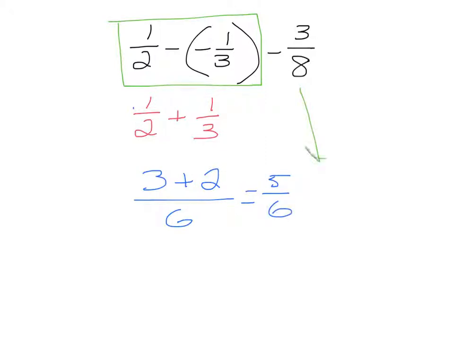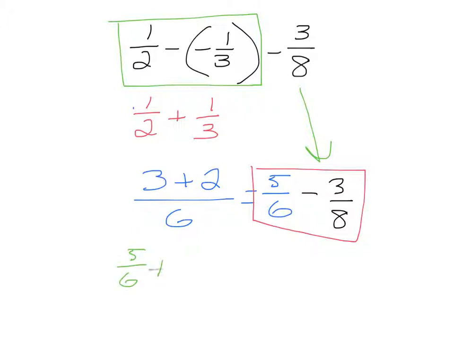Now, we're going to bring this guy down. So we will have 5/6 minus 3/8. So we're focusing now on this problem that I put a red box around. I'm going to rewrite it. So that's like 5/6 plus negative 3/8, because when we do subtraction, that's the same as adding a negative, and I just put the negative in the top number.